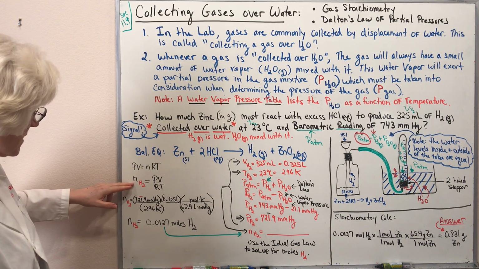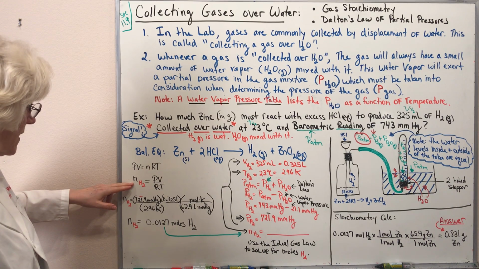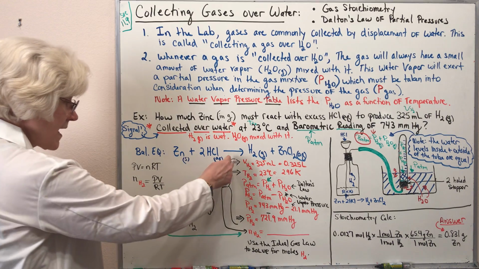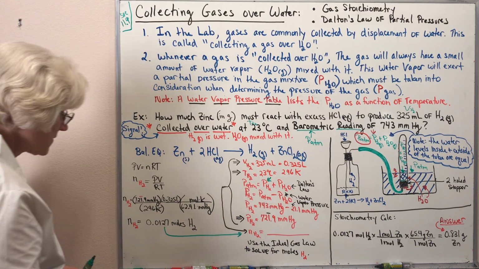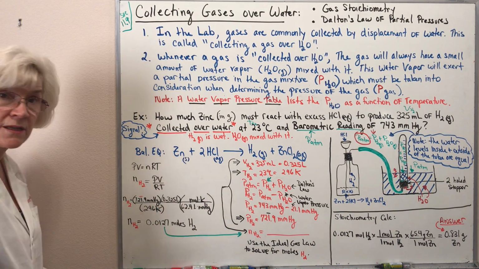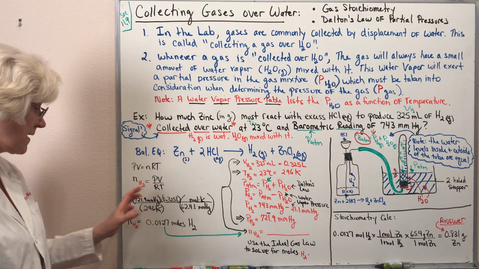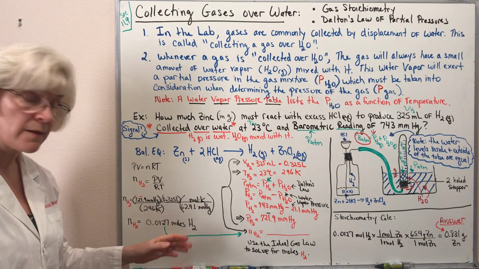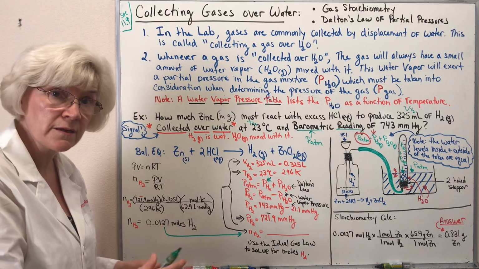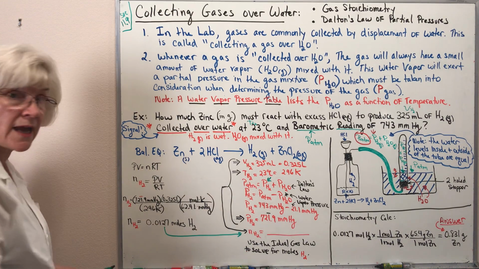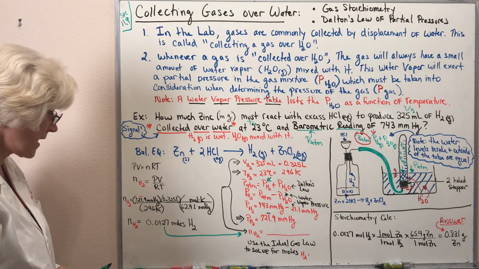I'm rearranging it to solve for moles of hydrogen, giving me PV over RT. And then I'm taking the data marked with the arrows and plugging it into the ideal gas law equation, solve for n. So I call this part of the problem the plug and chug part. Substituting in the data, chugging through the calculation on your calculator.